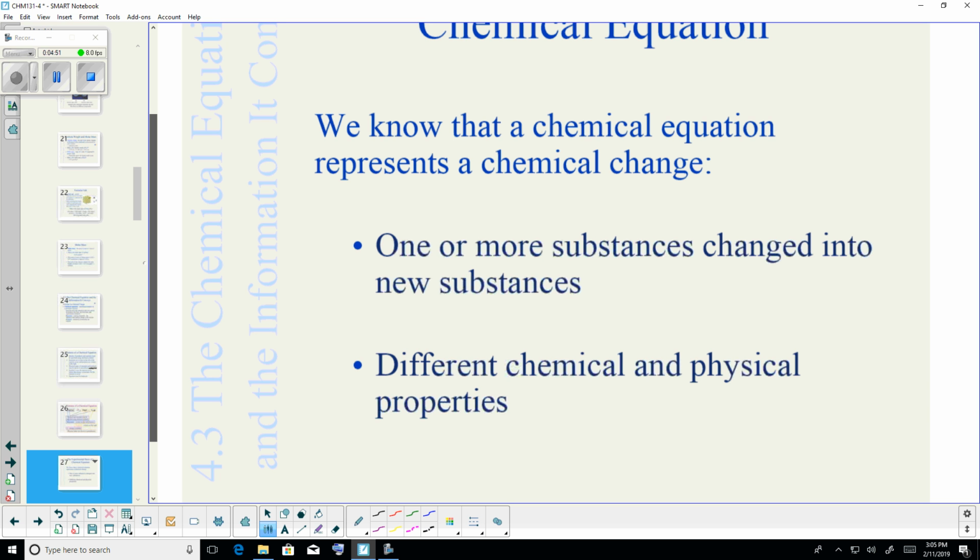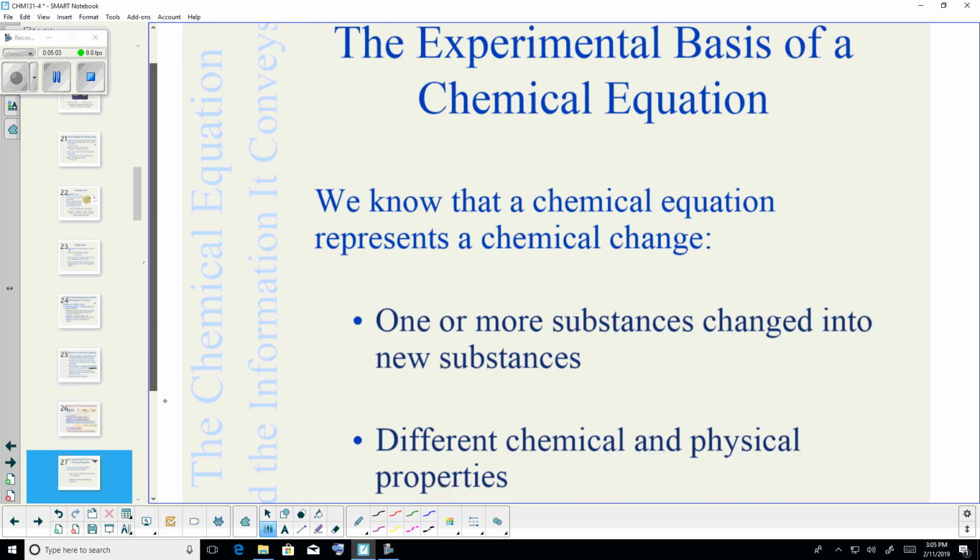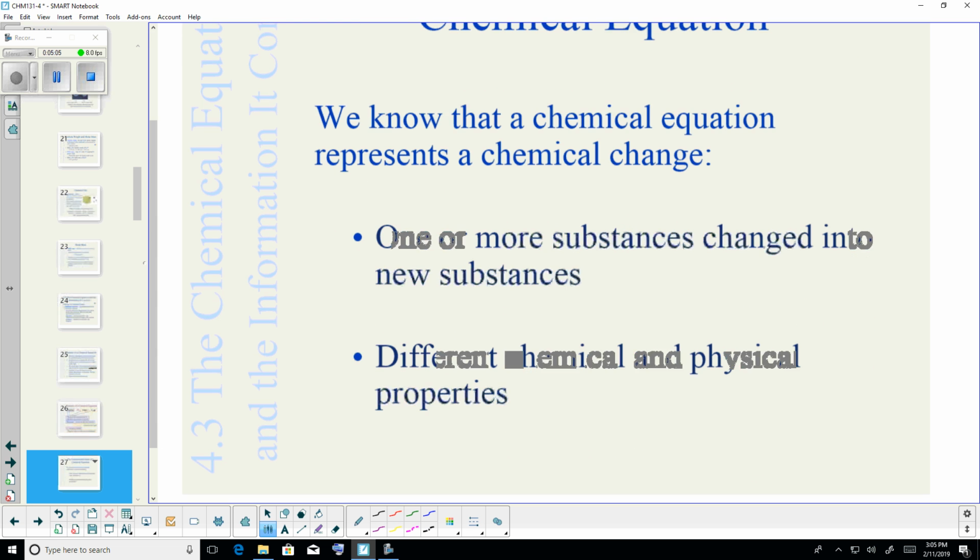But a couple pieces of cake, no problem. So again, one or more substances changed into new substances with different chemical and physical properties.